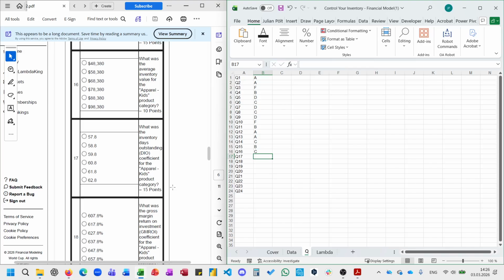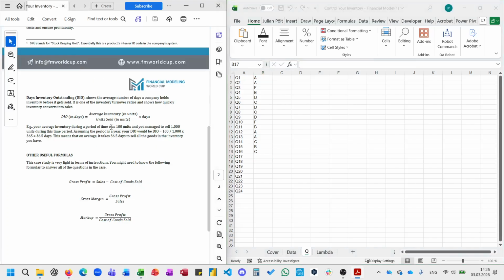What was the inventory days outstanding coefficient for the apparel kids product category? So DIO is average inventory in units divided by units sold times days, and we assume that days are 365 days here. So average inventory in units and units sold.